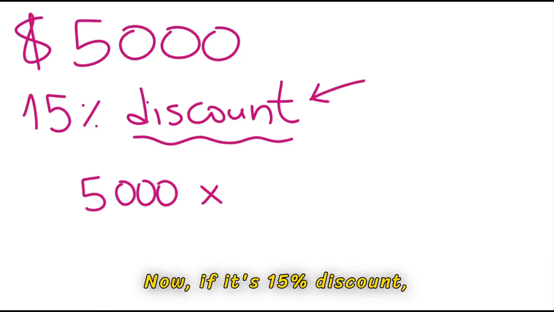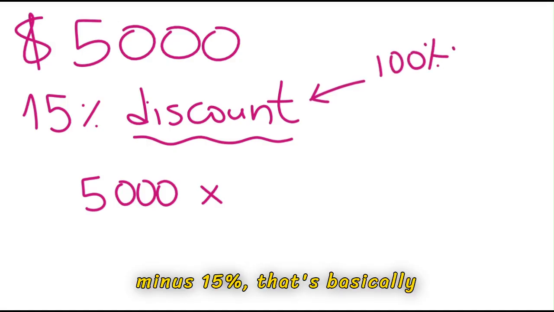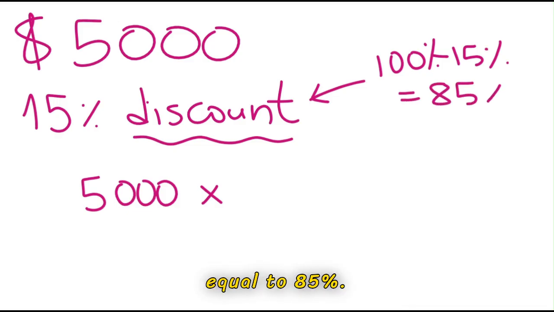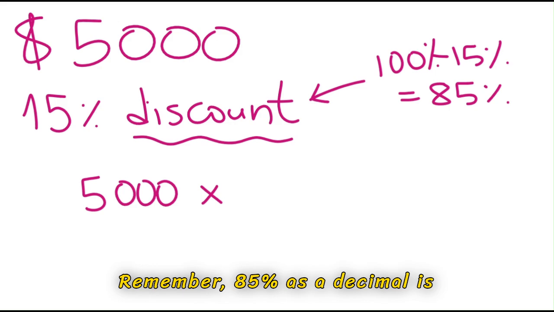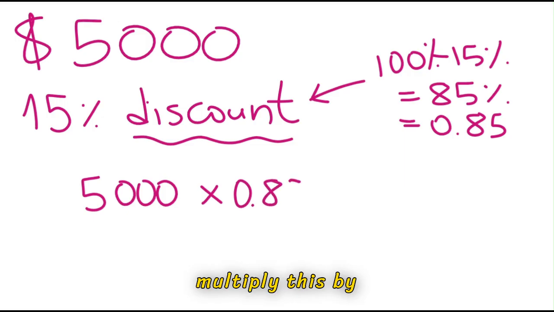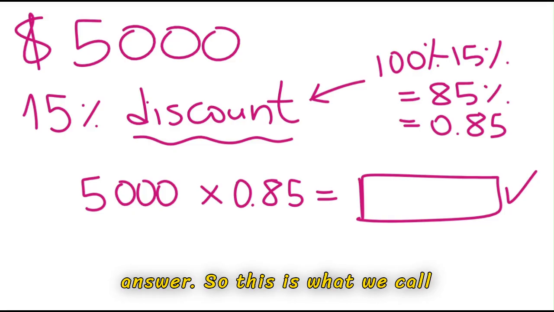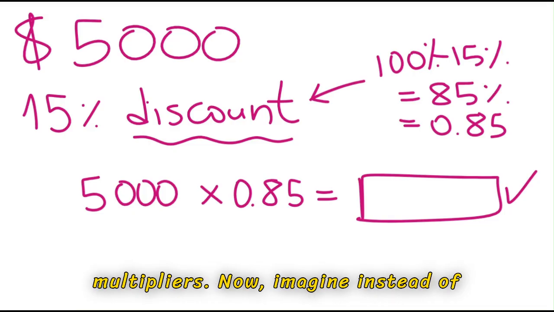Now, if it's 15% discount, 100% minus 15%, that's basically equal to 85%. Remember, 85% as a decimal is 0.85. So if we only multiply this by 0.85, you will get the final answer. So this is what we call multipliers.